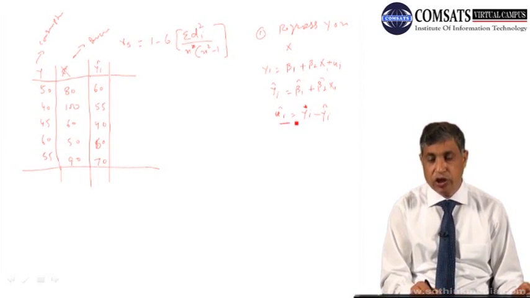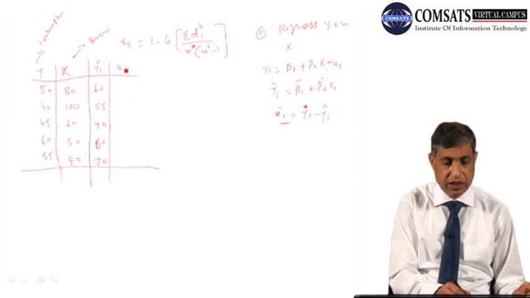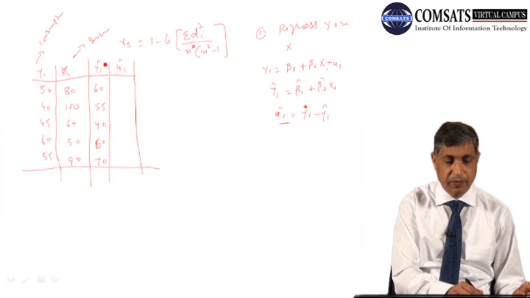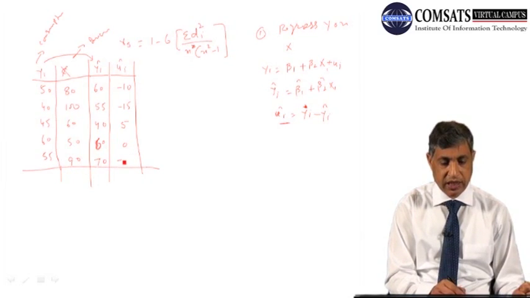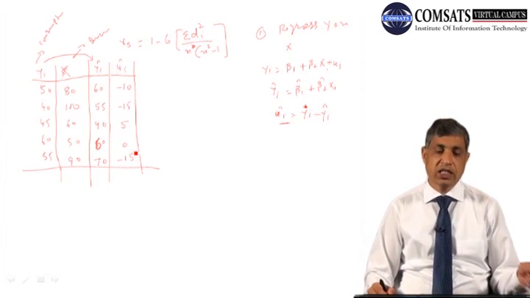Now I can calculate u_i hat, which is y_i minus y_i hat, this column minus this column. This is minus 10, minus 15, plus 5, 0, 0, and minus 15. So this is u_i hat.